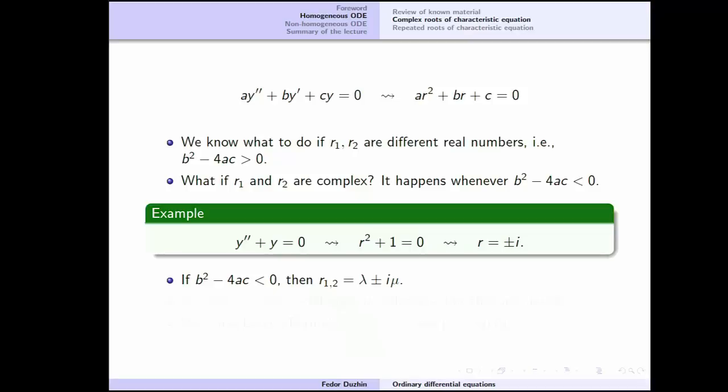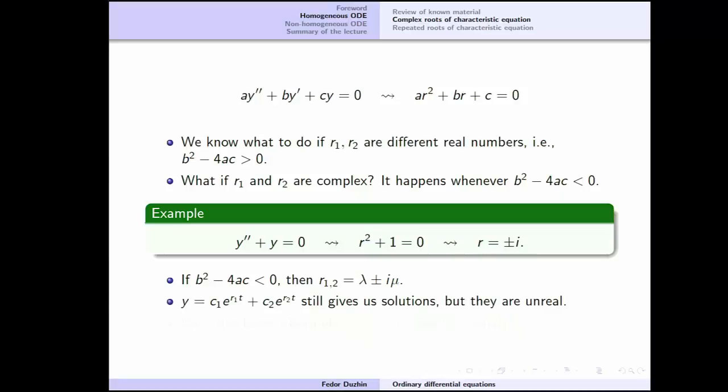Now I just verified it for a particular differential equation, but of course it's going to be the same thing in a general situation, right? Because simply the same calculation that we did for real valued exponential functions, if we just let the constants r1 and r2 be complex numbers, it doesn't change anything.